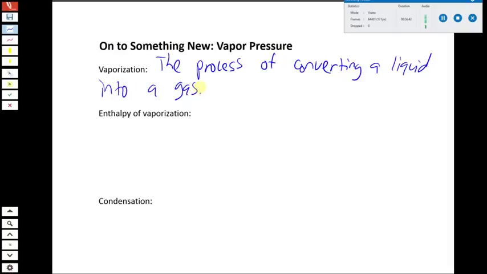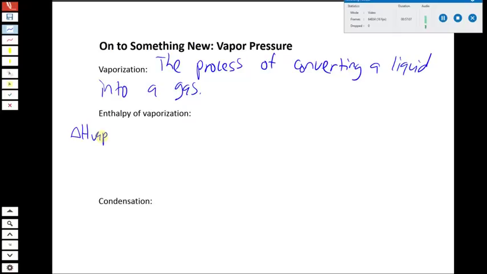We colloquially refer to it as boiling also, but boiling has a more specific definition that we'll get to later. Vaporization is any time a liquid goes to a gas. So vaporization, or any phase change, has an enthalpy change associated with it. We're going to abbreviate this as delta H of vaporization, delta H VAP.